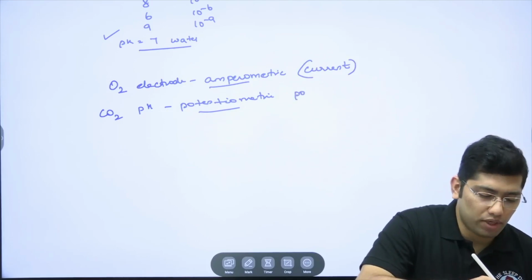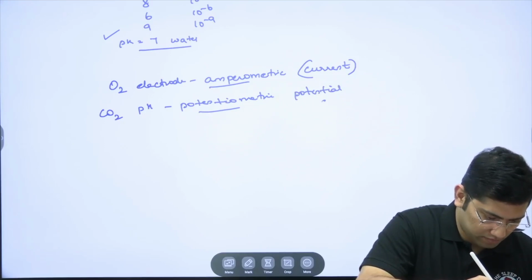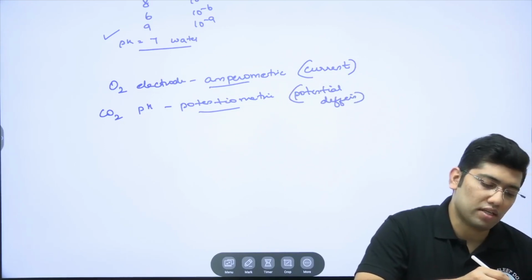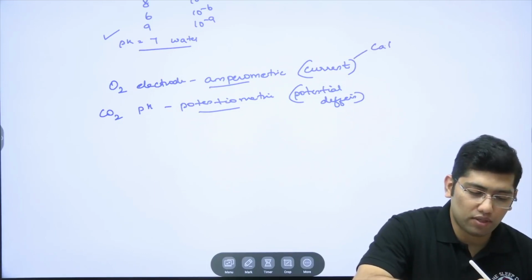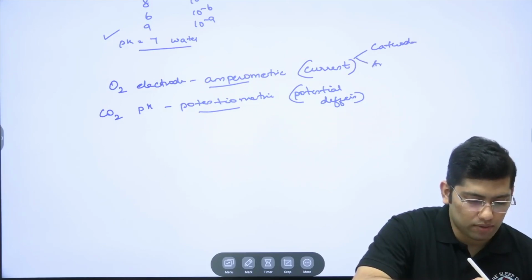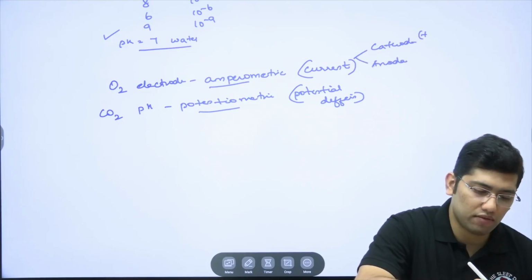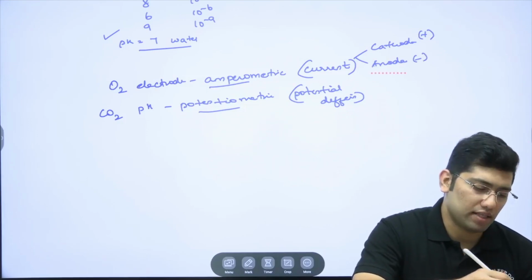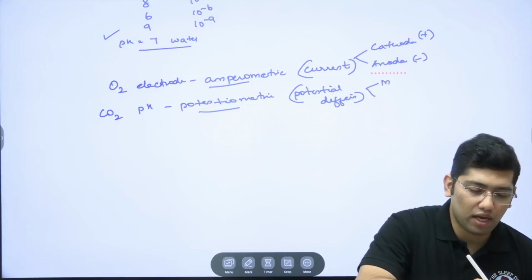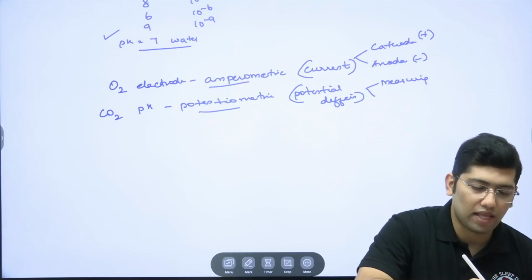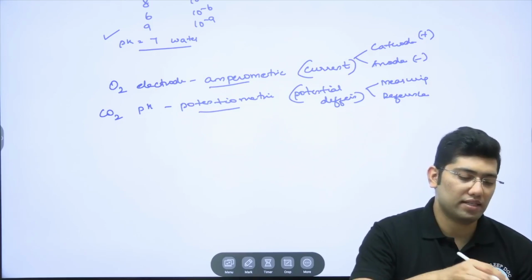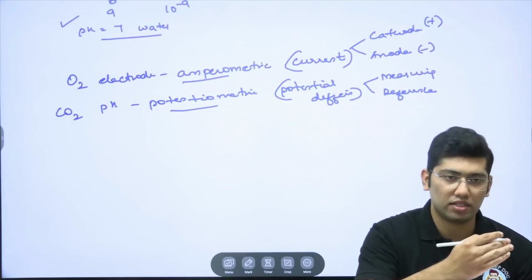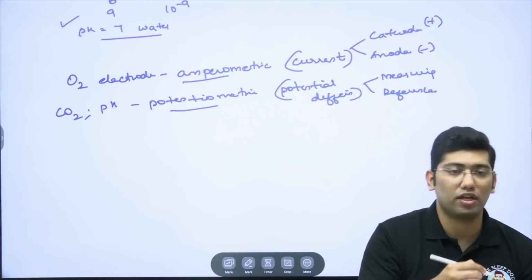It produces a potential difference. So the oxygen electrode is amperometric, or current producing, and has a cathode and an anode, which is a positive and a negative. But here, since it is a potential difference, there will be a measuring electrode and a reference electrode. This is the basic difference between the oxygen electrode and the pH and carbon dioxide electrodes.